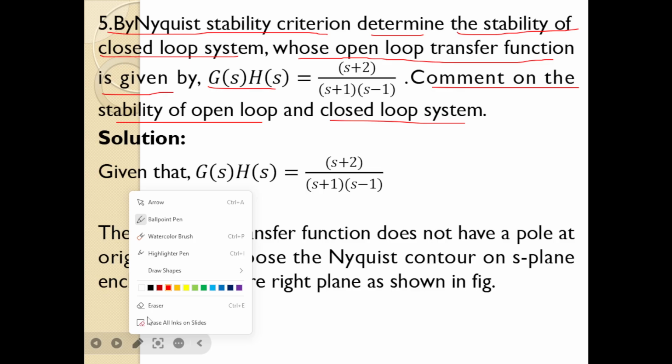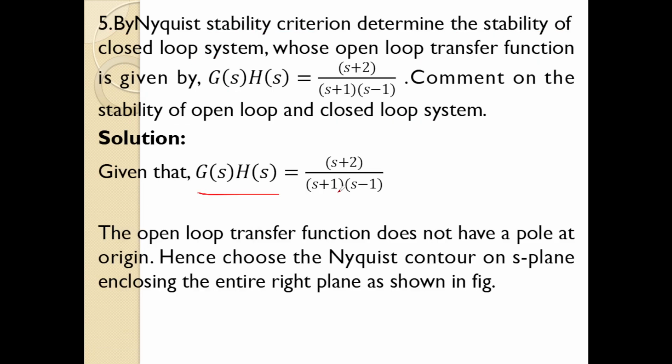So let us consider the given open loop transfer function, G(s)H(s) = (s + 2) / ((s + 1)(s − 1)). From this open loop transfer function we can say that there is one zero and two poles lying on the s plane.